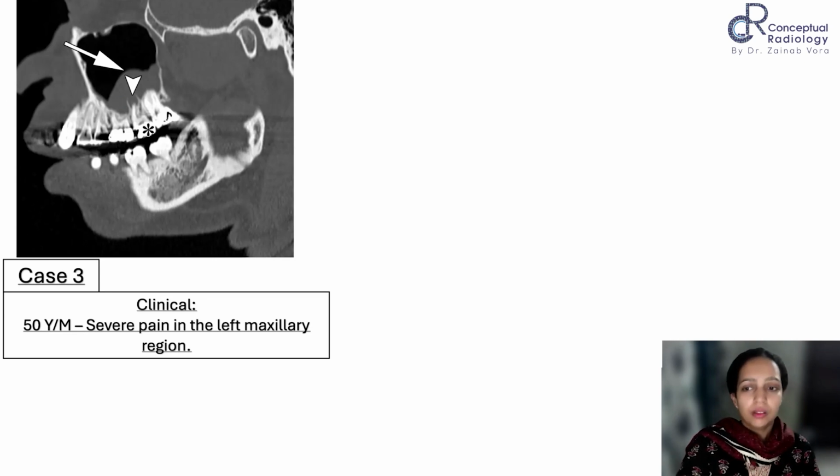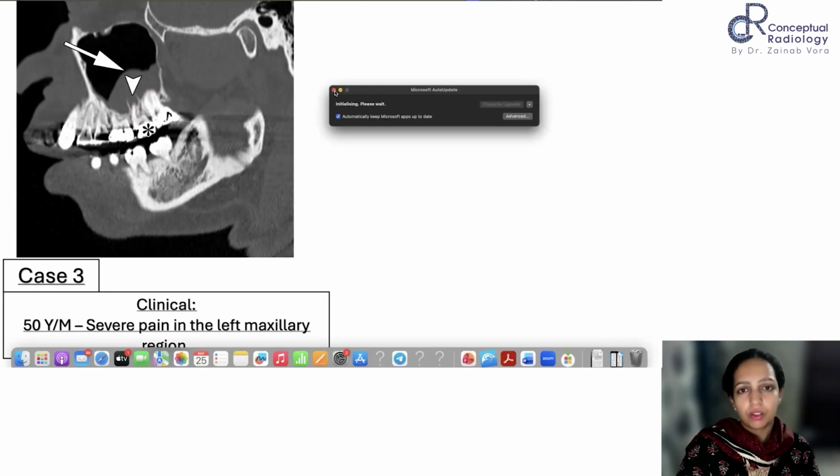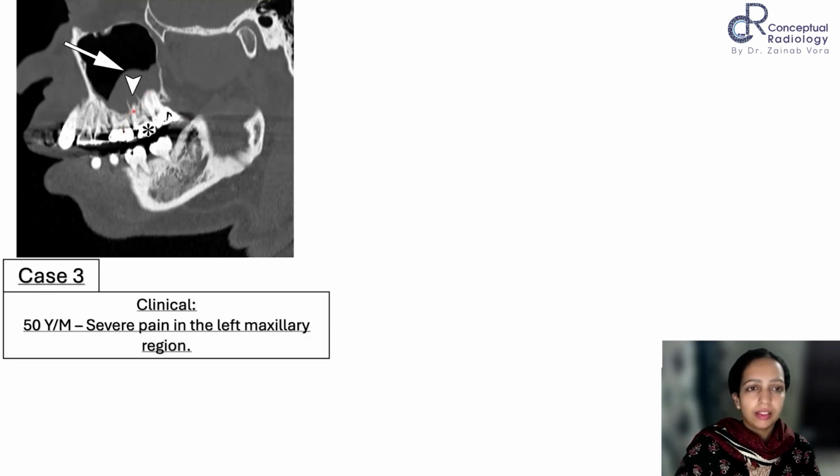Right. So we are able to see that the bony outline is not very well appreciated over here, right? As you can see, this part appears to be lost. The bony separation of the apex of this root, of this molar, is lost with the overlying maxilla, right?